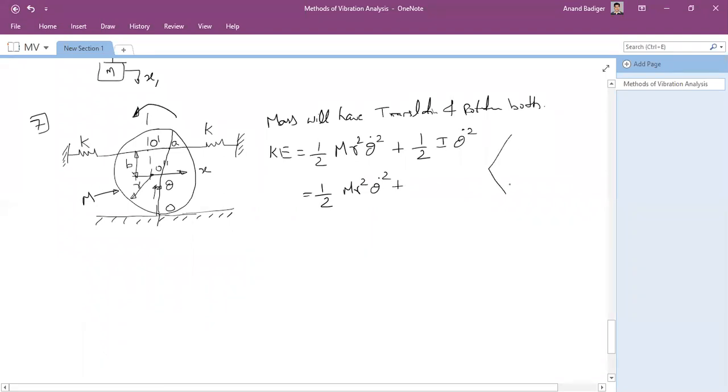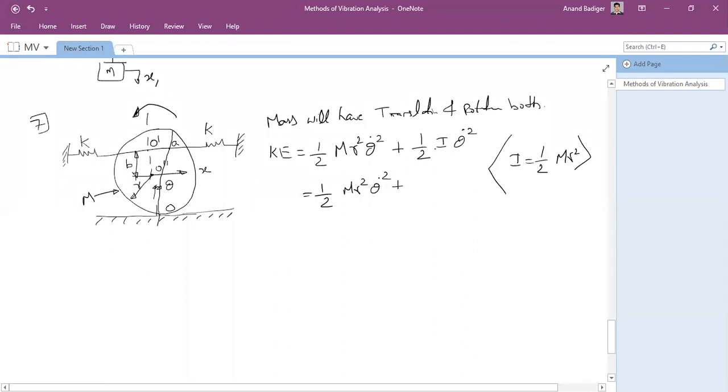Last class we have studied this. I is nothing but half M r square. This mass moment of inertia is given by half M r square. We already studied this in the last class, and in the previous problem we have seen it.